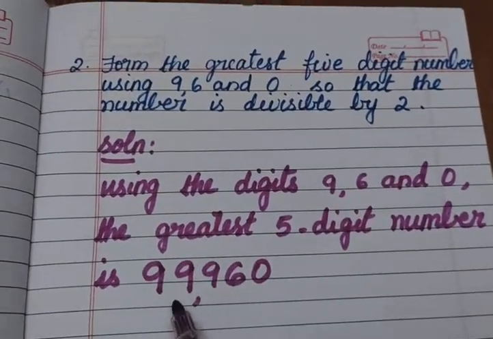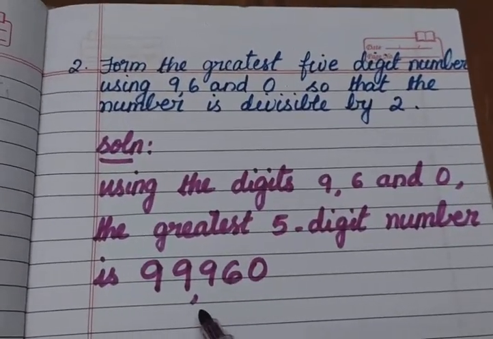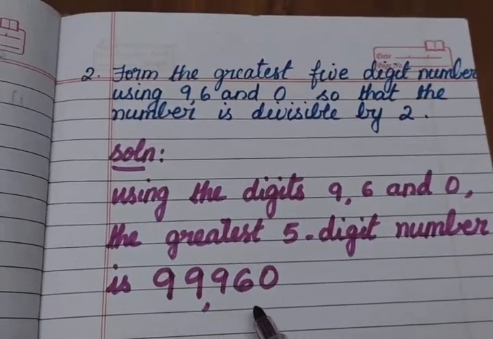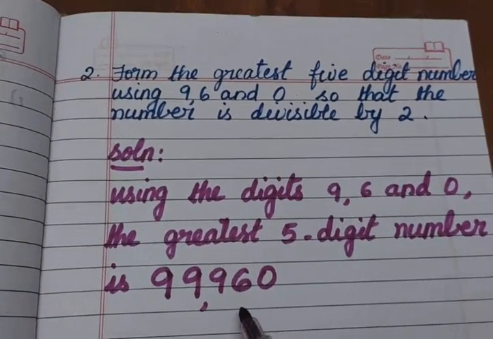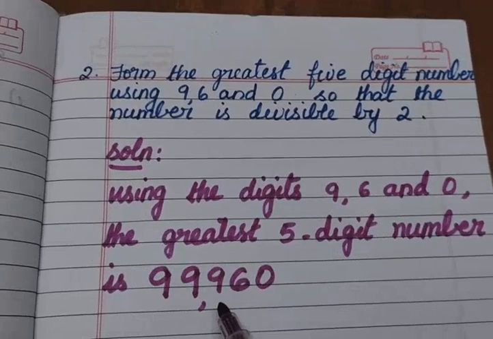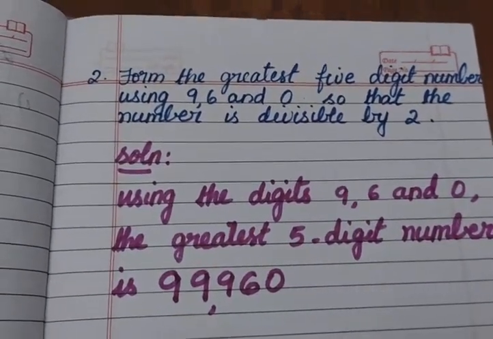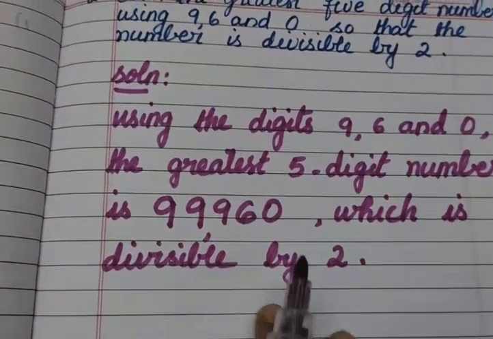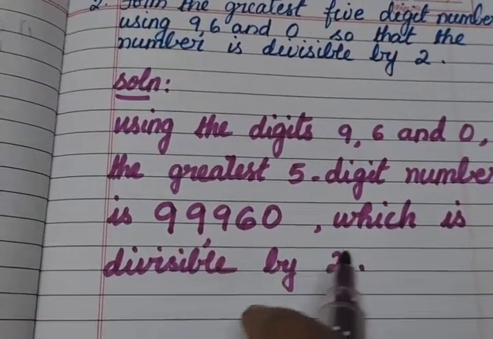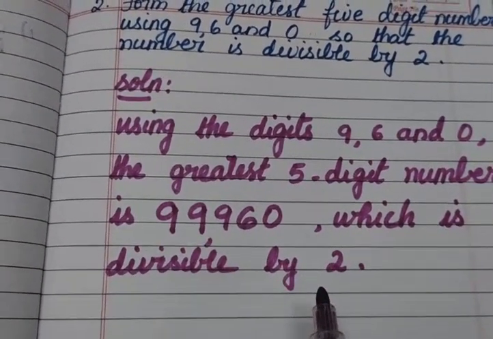Here in this case, 99,960 has 0 in the 1's place, isn't it? So 99,960 is divisible by 2.